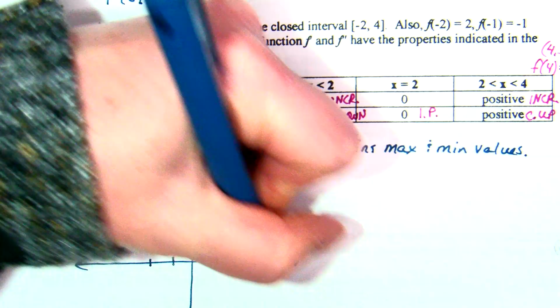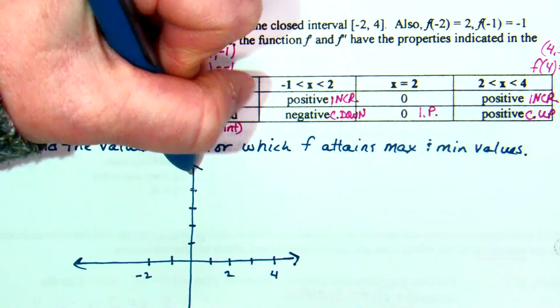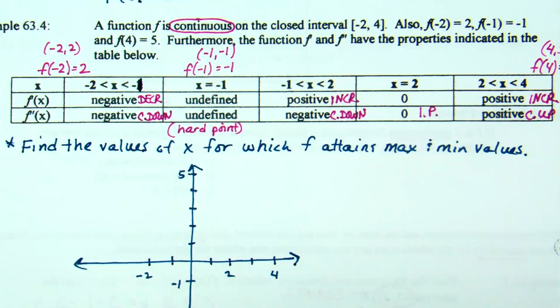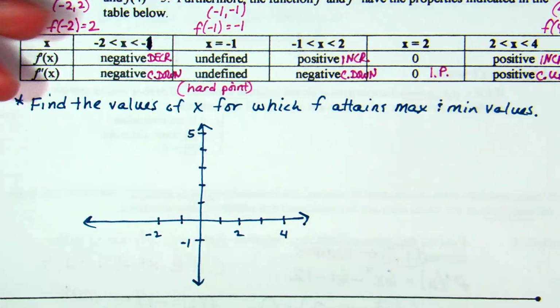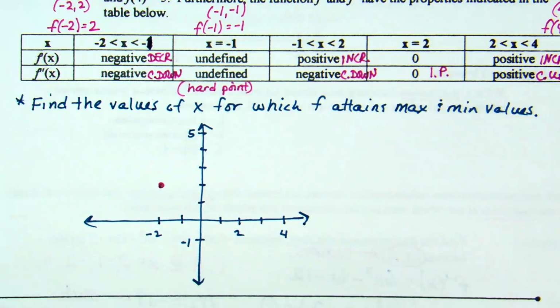And that's just using the gathered given information. We have a point at -2, 2. We were given that point. We were also given a point at -1, -1, left 1, down 1. And we are given a point at 4, 5.